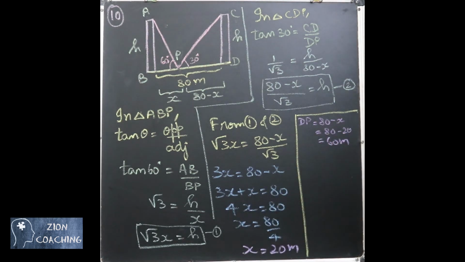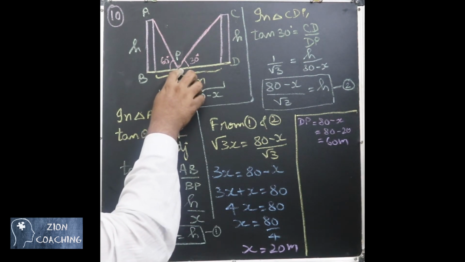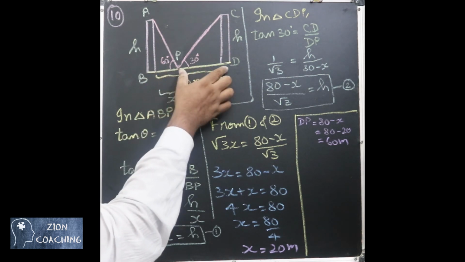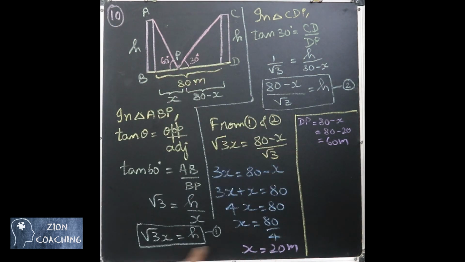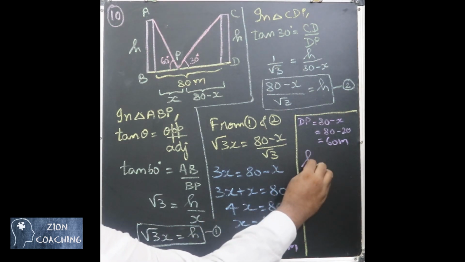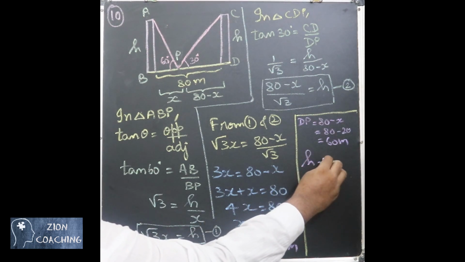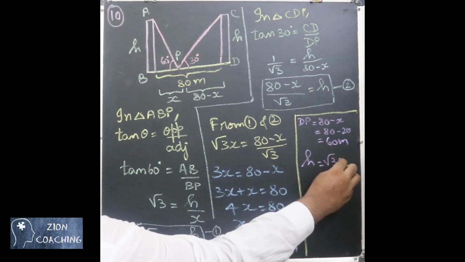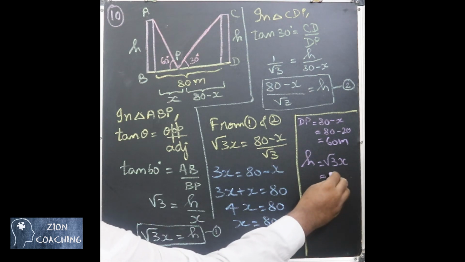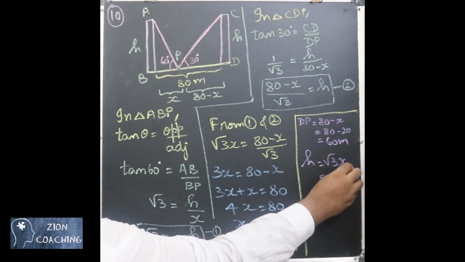Now we have found two answers. The person is standing at a distance of 20 meter from one pole and at a distance of 60 meter from the other pole. We have to find the height of the poles also. We have h is equal to root 3 x. Substituting x value, which is 20, it is going to be 20 root 3 meter.